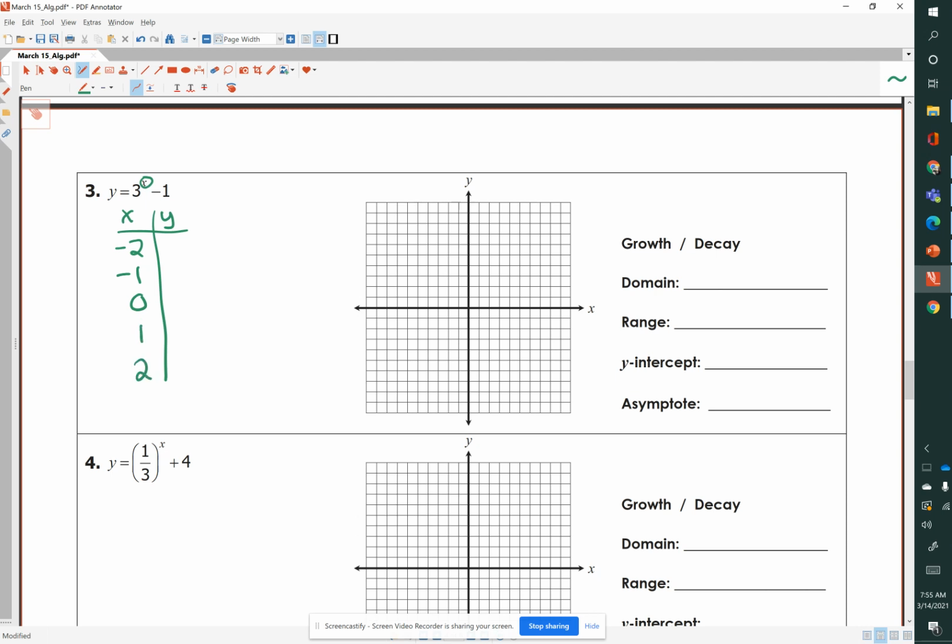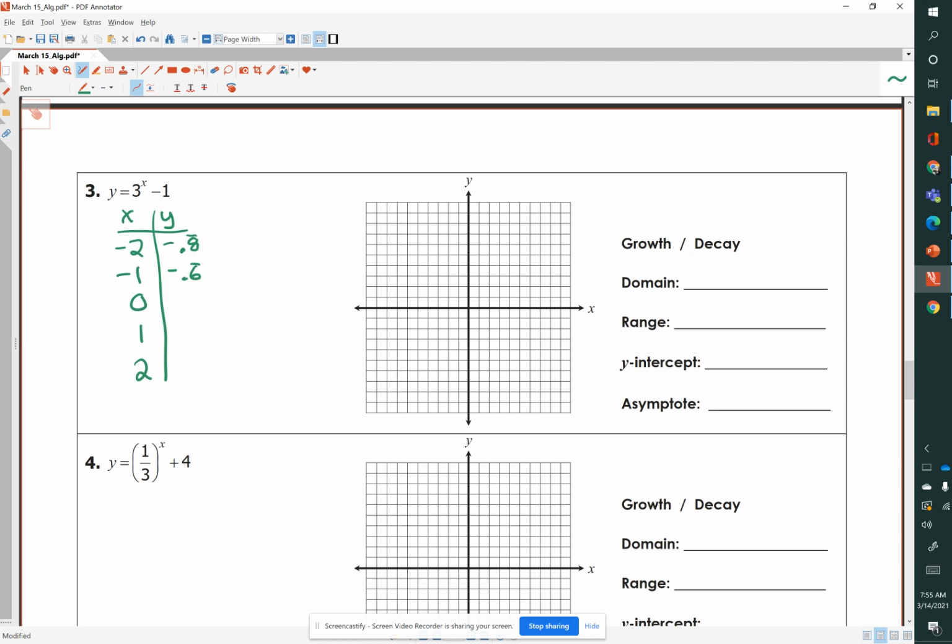So when the exponent is -2, the value of the function is -0.8. When the exponent is -1, the value of the function is -0.6. And both of these are repeating decimals, so we have to put that line across the top.